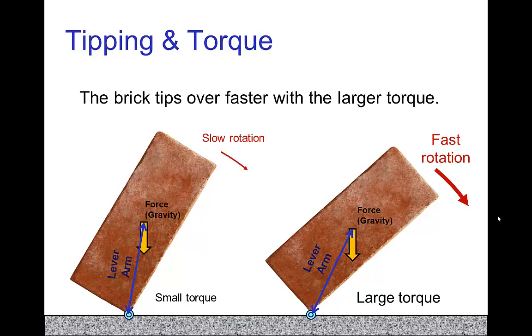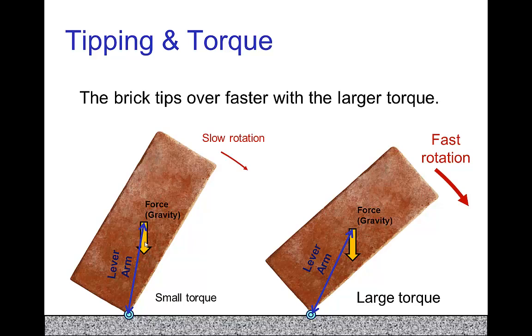Here's another example of torque creating a rotation. When a brick is tipping over, if it's at a shallow angle like this, then the lever arm would be the distance between this point of rotation and the center of gravity. The force of gravity is acting at the center of gravity for the brick.